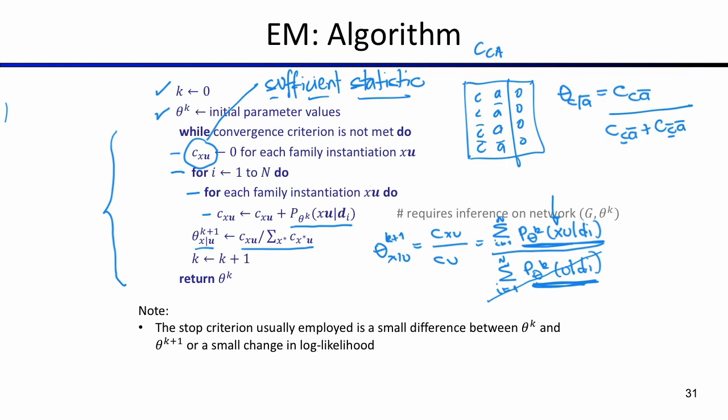Returning to the algorithm, we compute the parameters for the next iteration by doing this ratio that I illustrated with one example. We update the variable k that controls the iteration, we go up to the while loop and we test for convergence again. Once we have finished with that, we return this set of parameter values, which is theta k.